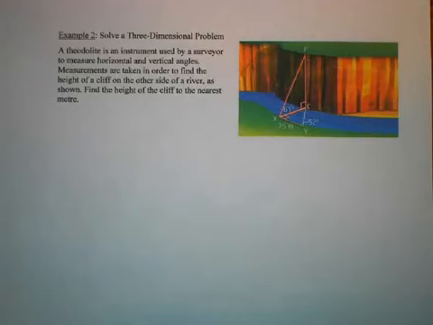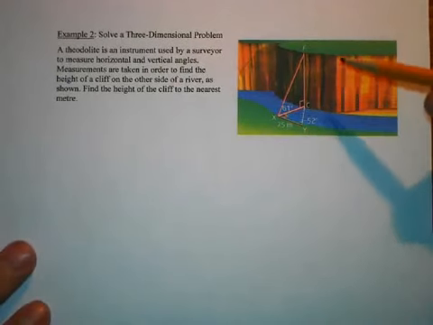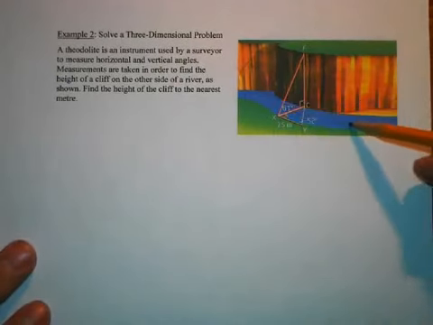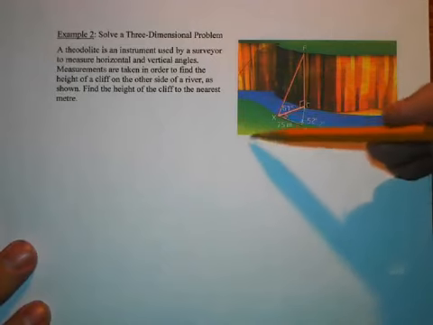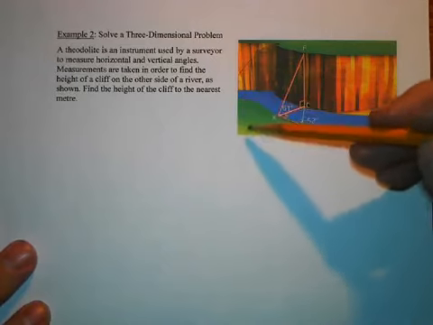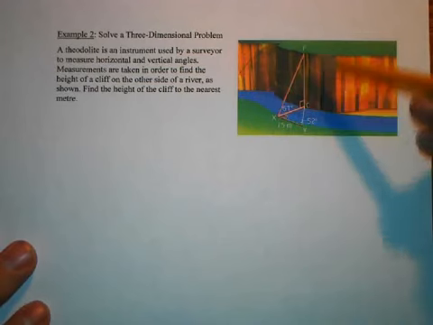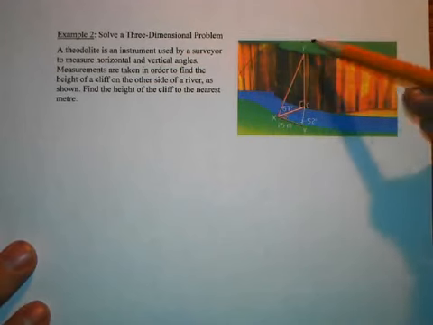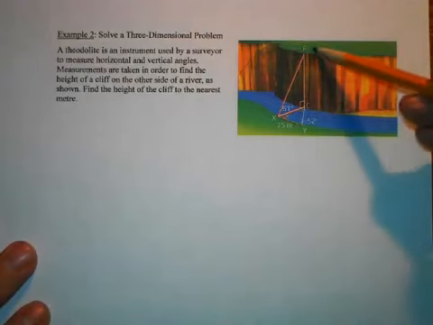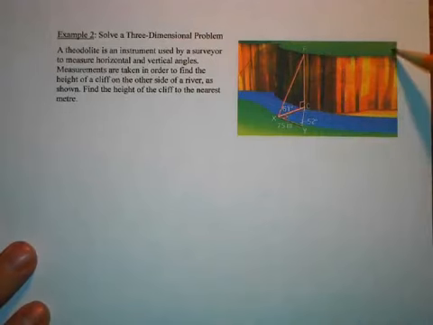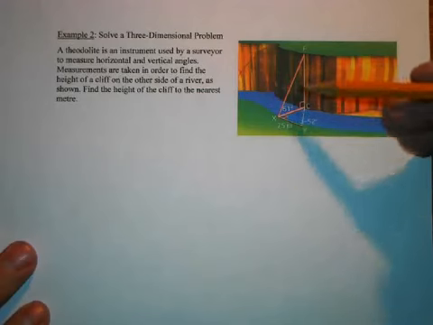So let me explain. Hopefully you can see this okay. We've got a river that's kind of flowing through here. We've got a flat grassy area on one side, and then the other side we have this vertical cliff, and then on the top we have a plateau, like a plane up here. So we've drawn in some triangles.